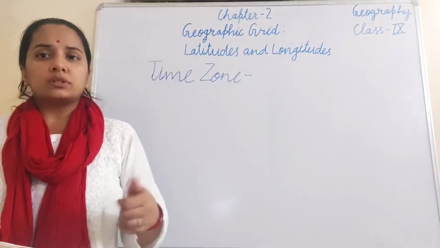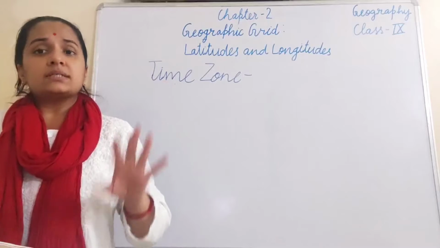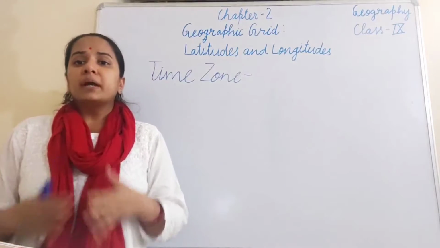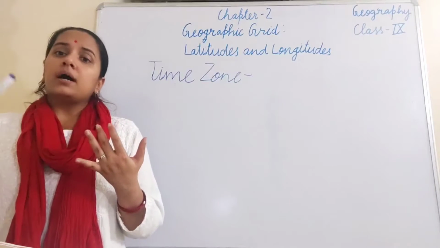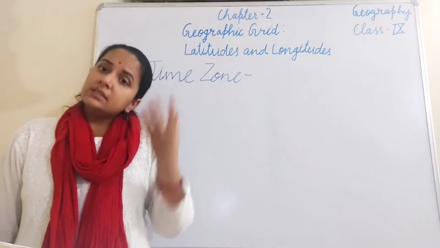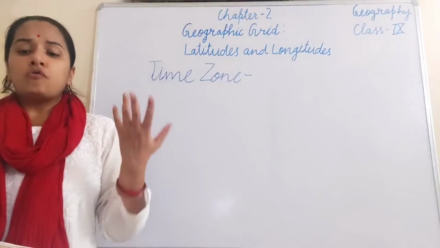Whenever we talk about the time at any place in India, the time is the same. On the other hand, countries with larger extension, for example Russia, Canada and the USA, follow more than one time zone within the same country.